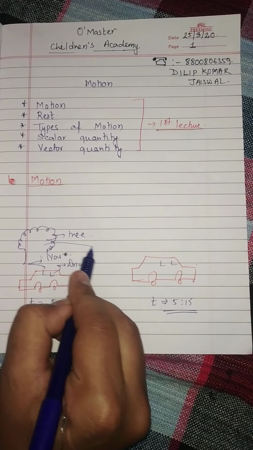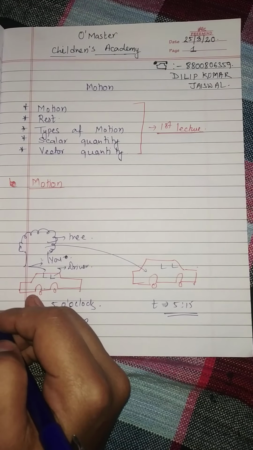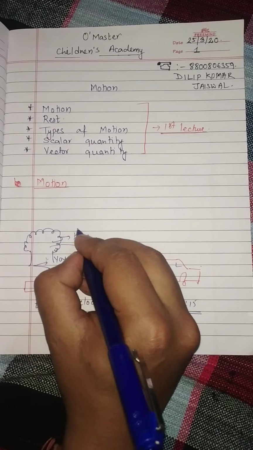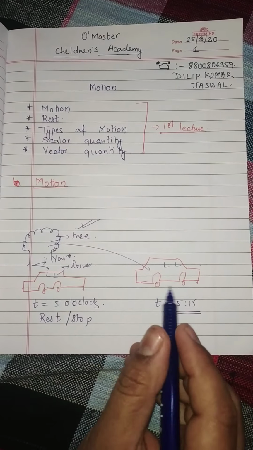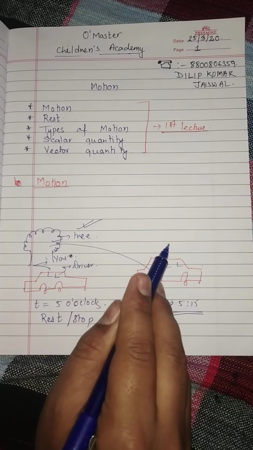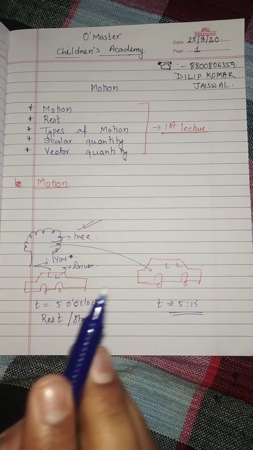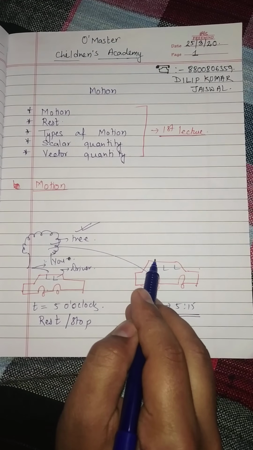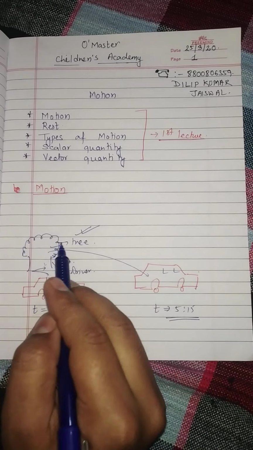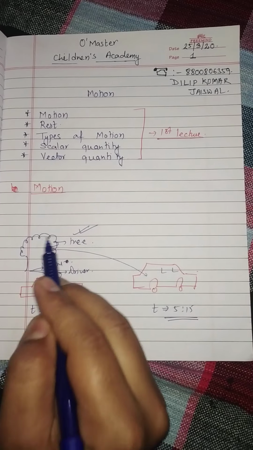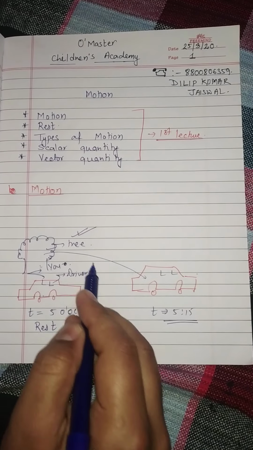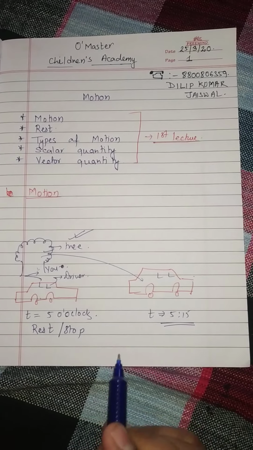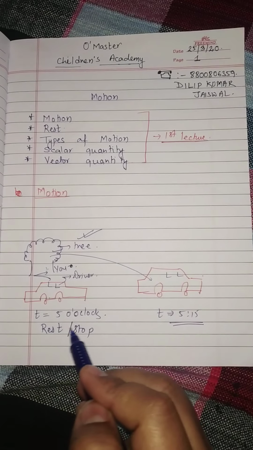This car has changed its position, and we have taken the tree as a reference point. In short, when an object changes its position continuously with respect to a stationary object, which can be taken as a reference point, then it will be said to be in motion.